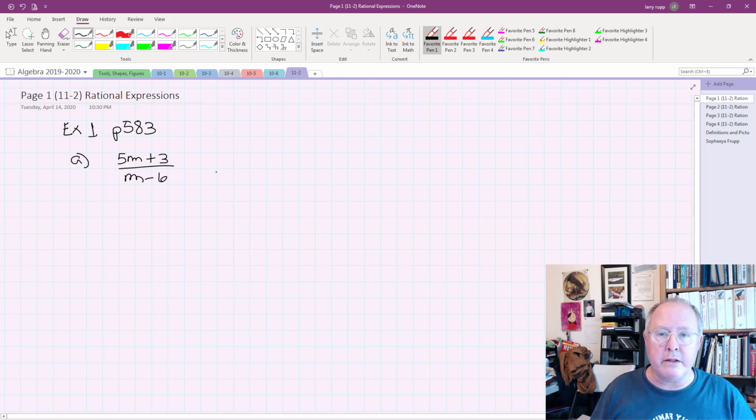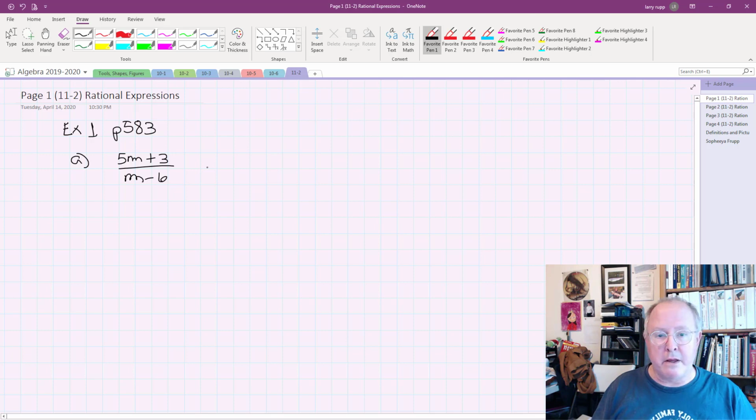So we remember now that the excluded value is any value of m that makes the original denominator 0. It's important to note that original, because later on you'll get a simplified expression and it'll be very tempting to find the excluded value of just that. If you do, you will be wrong because you will miss some other values that the original included but the simplified did not. So in this case, the original expression here is just 5m plus 3 over m minus 6.